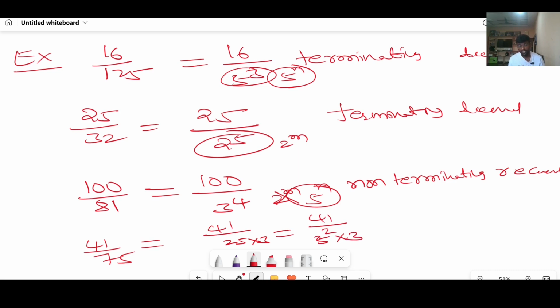If it is a terminating decimal, the denominator should consist of 2 power m or 5 power n or 2 power m and 5 power n, right? Here 5 power 2 is there, but an extra 3 is there. Therefore, we can conclude that it is a non-terminating recurring decimal. And the next question is, write the decimal form of the following numbers without actual division, right? We will do that question.